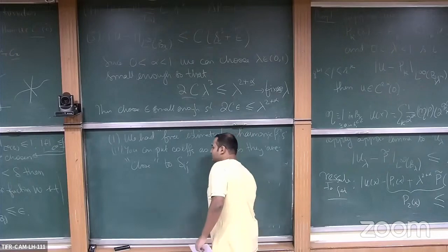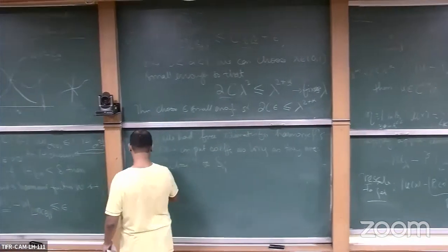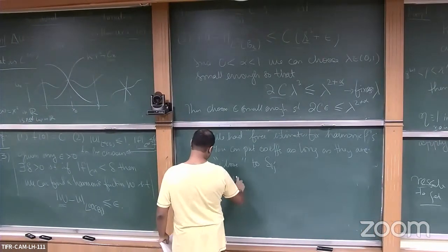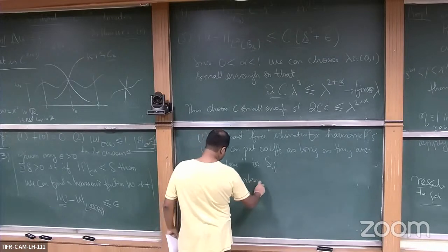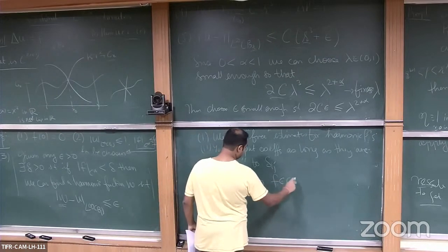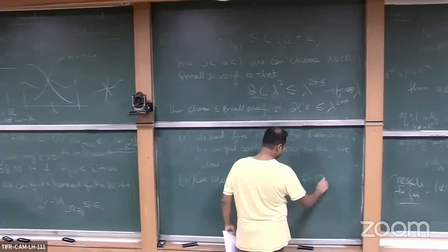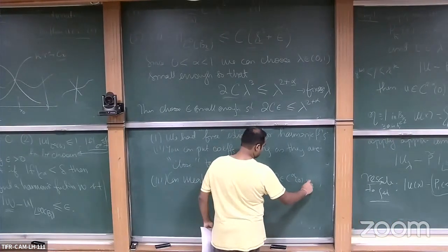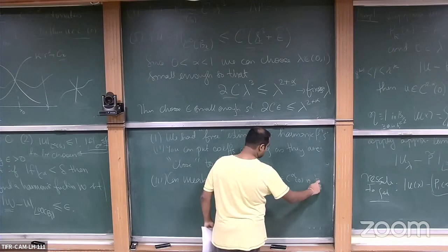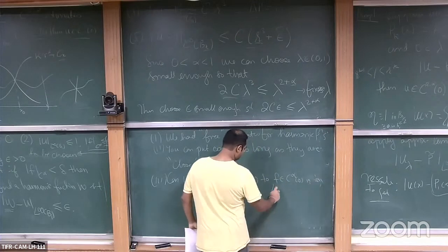Similarly, you can weaken, which I was telling you earlier, F in C alpha at 0, in L^n sense.